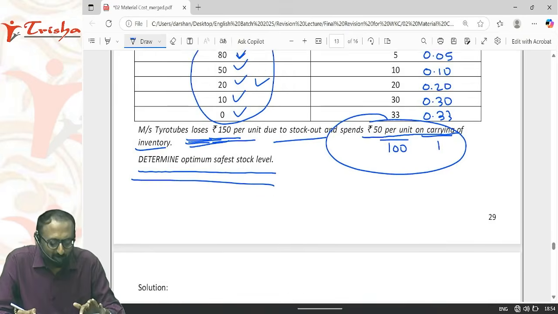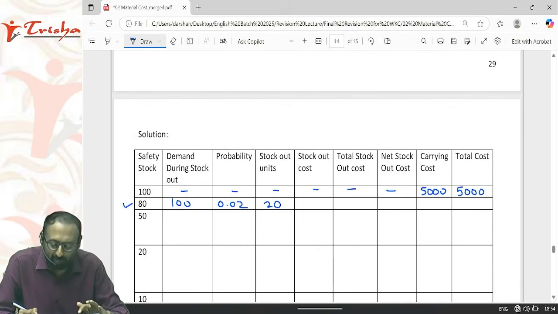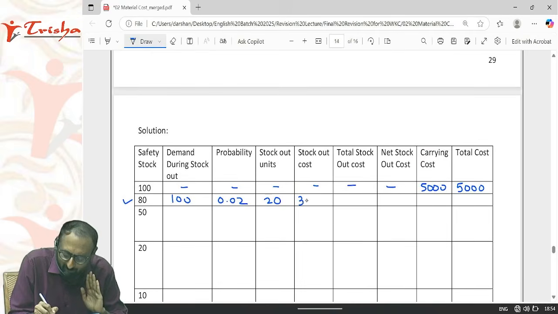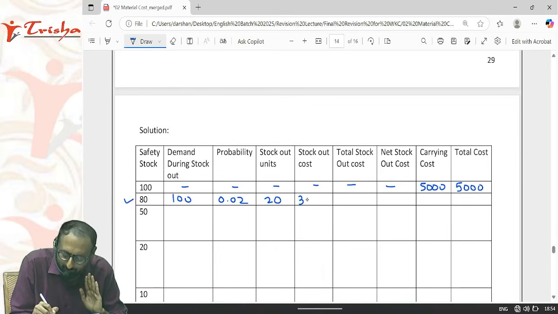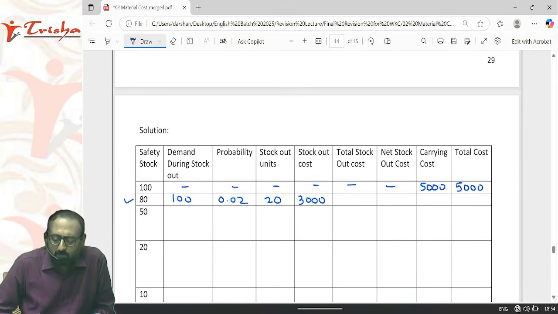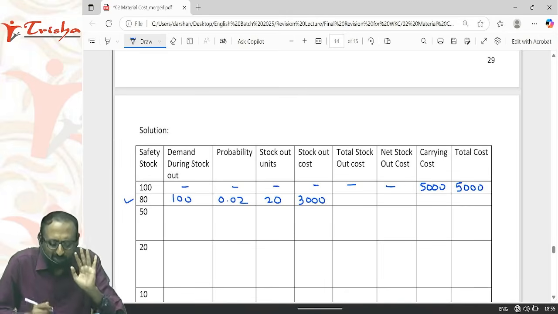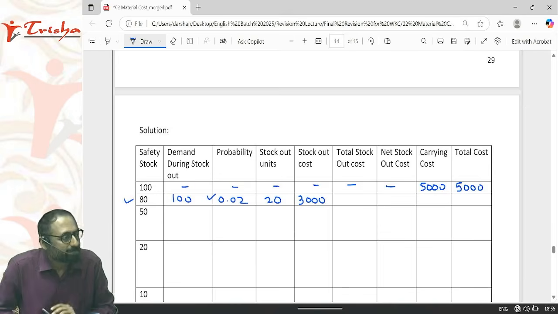How much is the stock out cost given in the question? Is it 150? So 150 multiplied by 20, is it 3000? But Sirji, 3000 will not always be loss, the chance of the 3000 loss is only 2%.